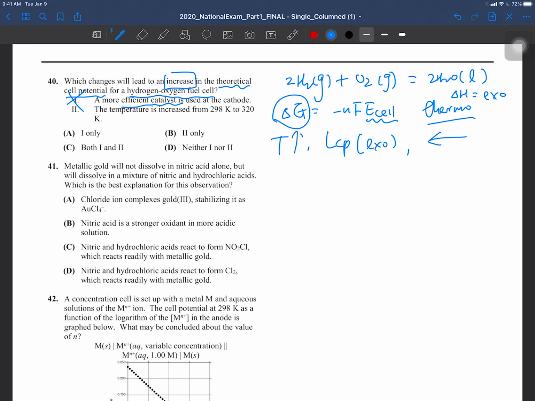Shift back. So which means the E cell will decrease, right? Because if we shift to the left side, it has less ability, or less potential, to finish the reaction and reach the equilibrium, right? So this is why the second one is also incorrect. So the answer should be D. Let me know if it's not D.